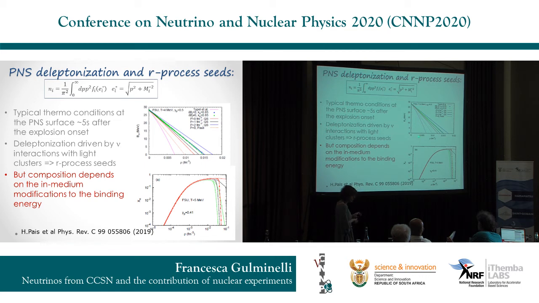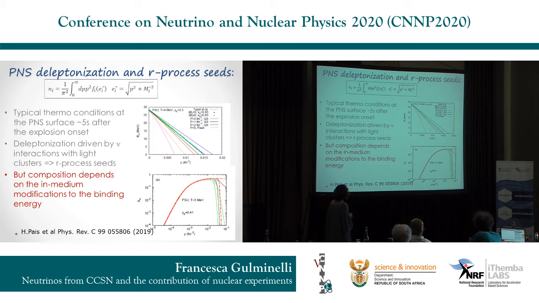Depending on this medium modification, the density at which these clusters melt down in the dense medium can be modified. And so in the region of interest, you can have either like 70% or 0% of those light clusters. So this can change quite a lot depending on this medium modification.